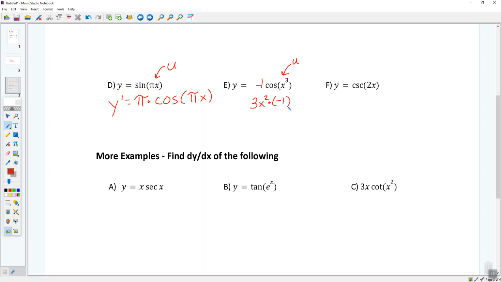And then what's the derivative of cosine, kids? Negative sine of your u value, x to the third. But guys, right here, a negative times a negative, what's that going to yield? So what you're really going to end up with here is y prime equals 3x squared times the sine of x to the third. That's what you'll end with right there.